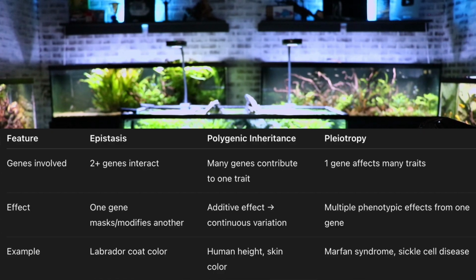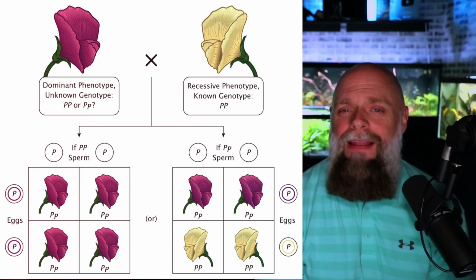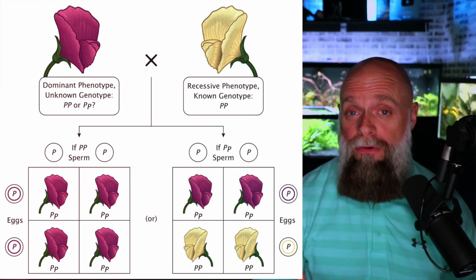You have people who get anemia and they're prone to blood clots. Now they are less prone to malaria because the malarial parasite can't infect sickle cells as easily as other types of cells. And so pleiotropy: one gene having an impact that leads to multiple phenotypic effects. It's kind of interesting knowing that because you can actually use this in real life.